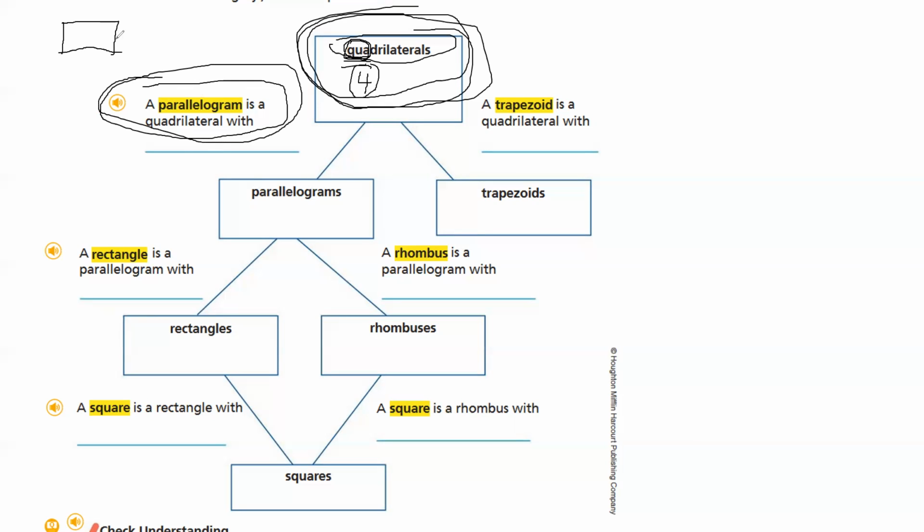Because they're parallel. What does parallel mean? Parallel means they're never ever going to run into each other. Those are bad examples of parallel lines because they would run into each other somewhere down the road, since they're not perfectly parallel. So a parallelogram means this couple's parallel and this couple's parallel. You have 2 groups of parallel lines.